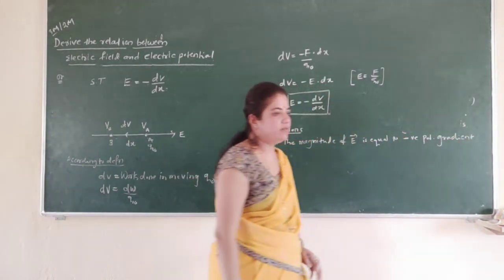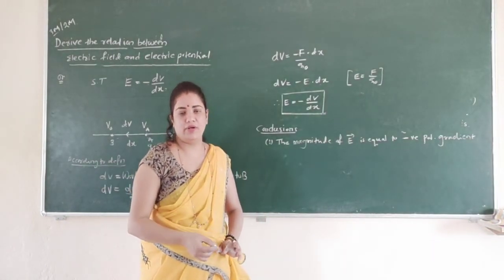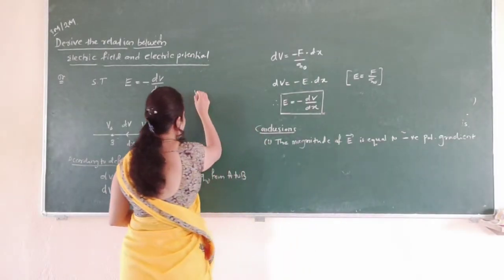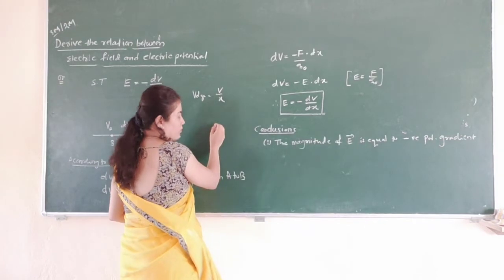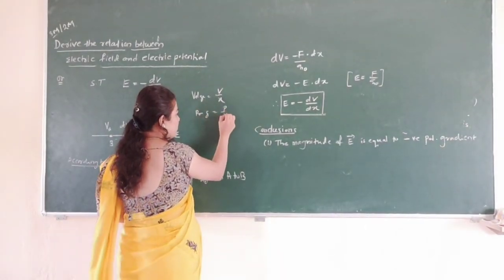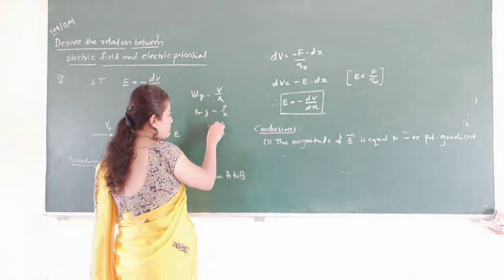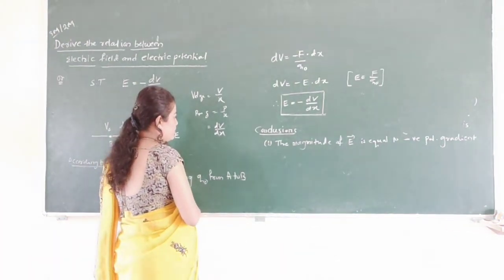Anything divided by distance is what? Gradient we take. How do you write velocity gradient? Velocity gradient is equal to velocity divided by distance. Pressure gradient equal to pressure divided by distance. Like that, potential gradient is equal to potential divided by distance. Small distance, small potential difference.